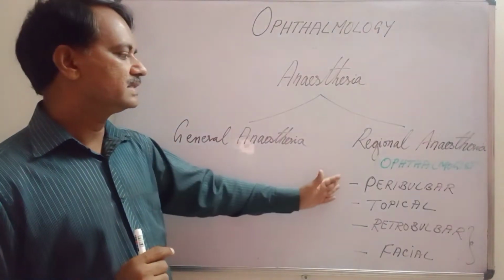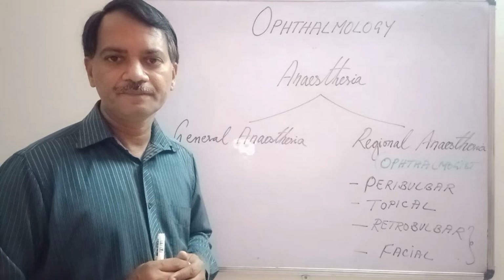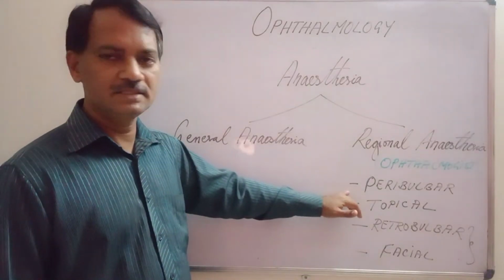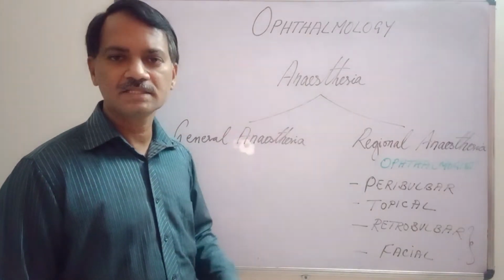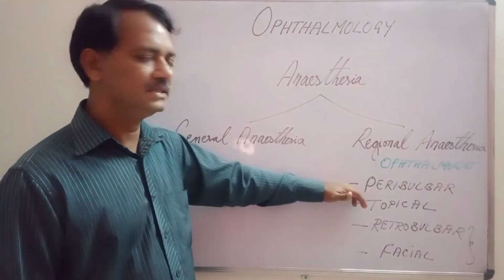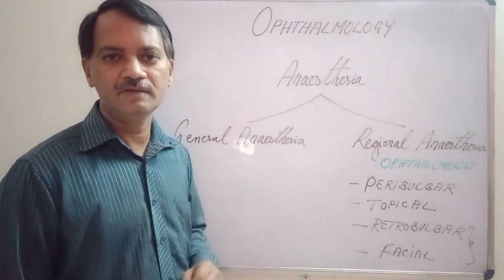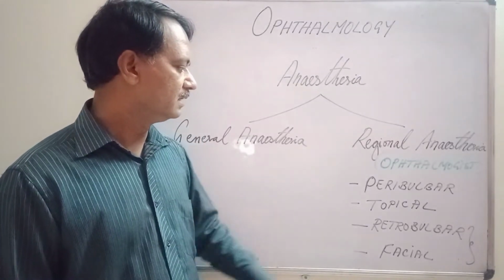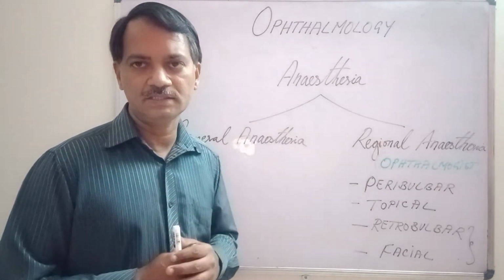There are several types of regional anesthesia given in ophthalmology, the commonest being the peribulbar anesthesia. In more than 50% of the cases, peribulbar anesthesia is given. The next commonest type nowadays is topical anesthesia. The third type is the retrobulbar anesthesia.